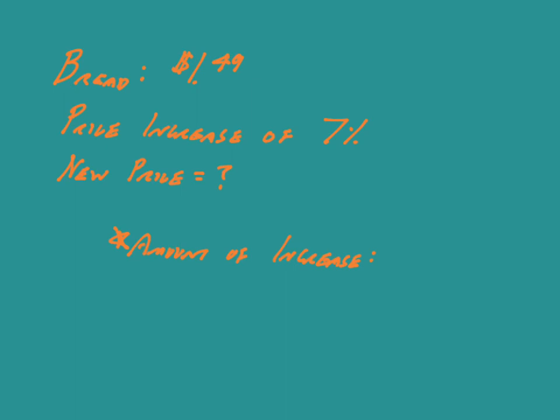So if we think about this from an equation standpoint, if I took $1.49 times 7%, that's going to tell me how much the price is going to go up. Now, when I do that, I'm going to get 0.1043, but I have to round this to the nearest cent. So I'm going to round it to the cents place right here. So that's going to round to 10 cents. And so my new price is going to be the $1.49 up here and this is how much it's going to change. And so my new price is $1.59.